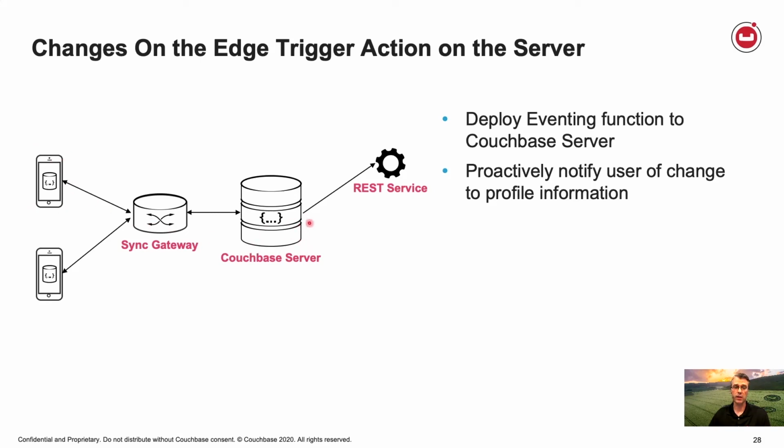But with Couchbase Server, you also have the ability to trigger some action on the server as these changes are occurring. You can leverage the eventing service within Couchbase Server, deploy a function to that, and take the appropriate action. In the case of our user profile app in this demo, our function is going to respond to any changes in user profile documents by calling out to a third-party REST API that sends emails.